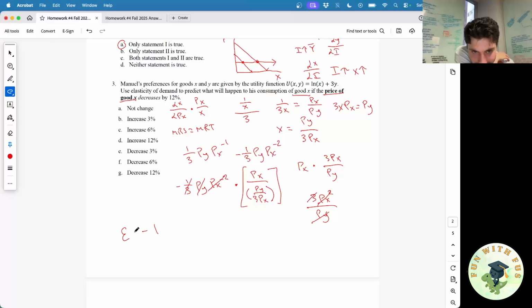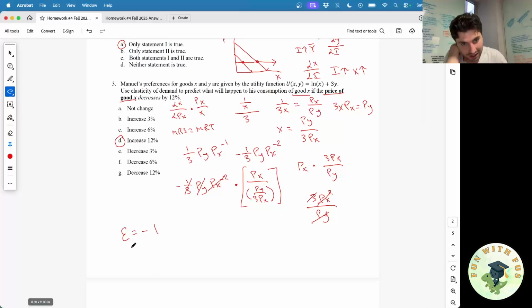But this is our elasticity. And what this means is that a -1 is, for every 1 change in the positive direction, I would expect an equal change in the negative direction. So if I were to decrease the price of good X by 12%, then I would expect an equal and opposite increase in the demand, which would be D increasing by 12%.